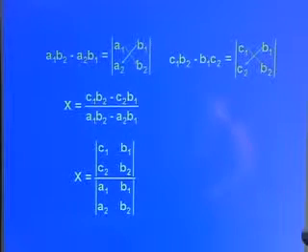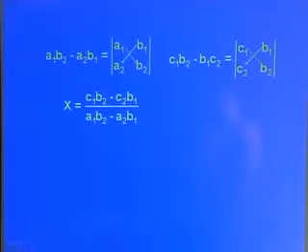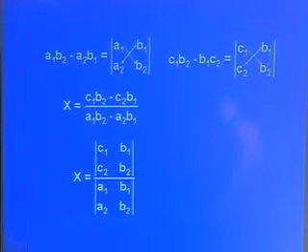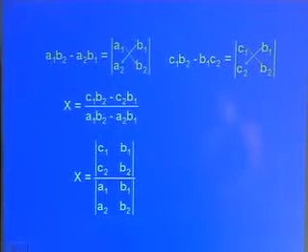We call this a determinant. The expression x is equal to (c1 b2 minus c2 b1) divided by (a1 b2 minus a2 b1) can be written as x is equal to the determinant of c1 b1, c2 b2 divided by the determinant of a1 b1, a2 b2.